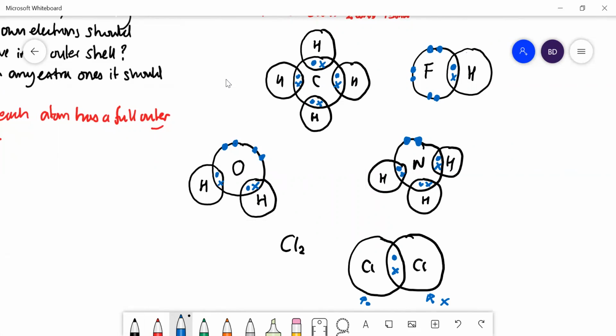I need to draw 7, so I need to draw 6 outside. 1, 2, 3, 4, 5, 6. And this chlorine is the same, it's going to have 6 outside. Now the red step, check each atom thinks it's got a full outer shell. Each chlorine there thinks it's got 8 electrons, so that's fine. So that's the correct dot cross diagram for chlorine. And just checking, chlorine's forming 1 bond, which we said it should do because it's in group 7.